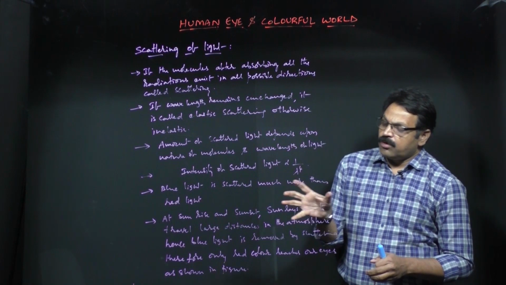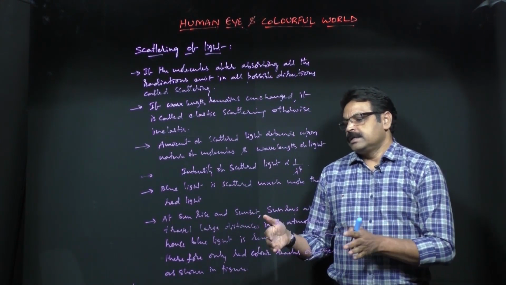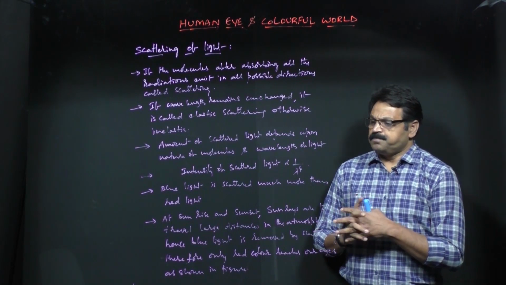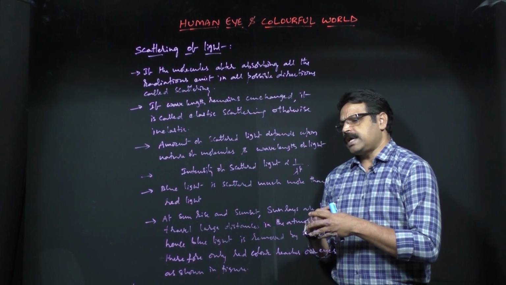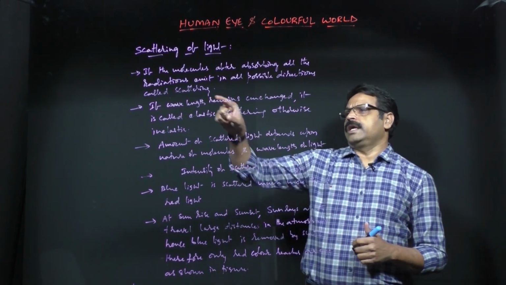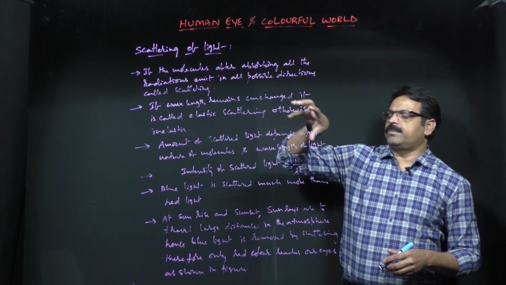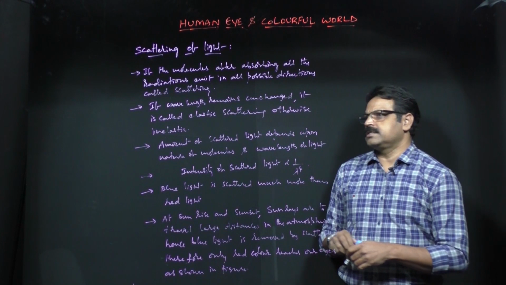So scattering of light, conclusively you can say, is due to the absorption of radiations by the atmospheric molecules and emitting the same. So the radiations emitted by the atmospheric particles after absorbing the sunlight are called scattering.